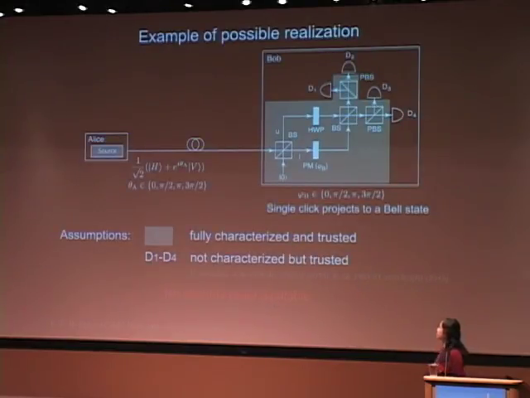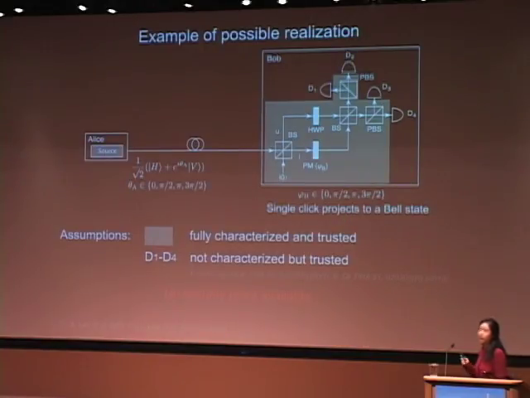Here is an example of a possible realization. In this scheme, Alice first prepares one of the 4 BB84 polarization states and then sends it to Bob. Bob encodes his information in the spatial degree of freedom and then does the Bell state measurement. In this Bell state measurement, every single click projects to a Bell state.